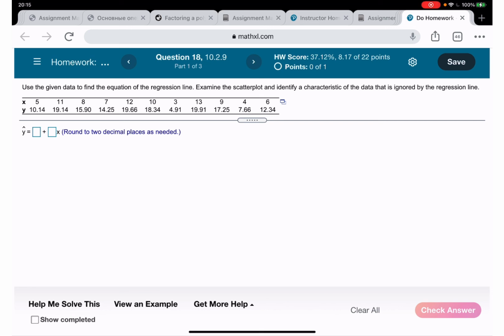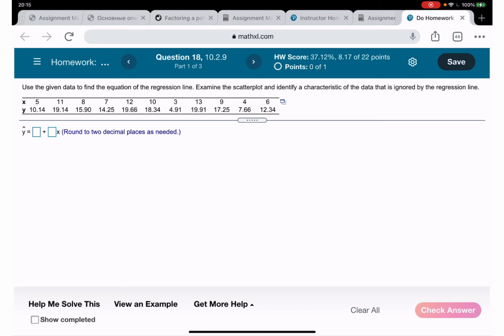Okay, question number 18. It's all the same things here. You can do it. You need to find the regression equation, or regression line, and then the scatter plot will come, so you can do it.